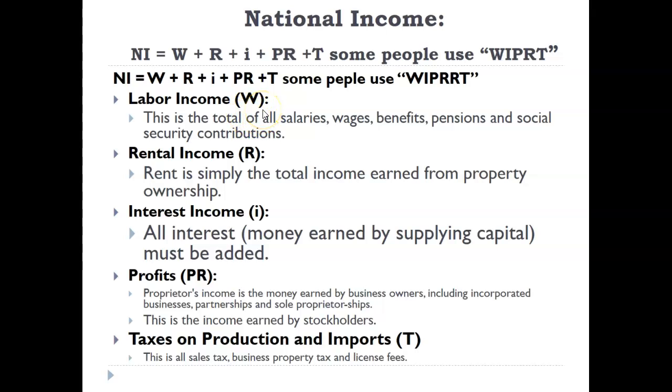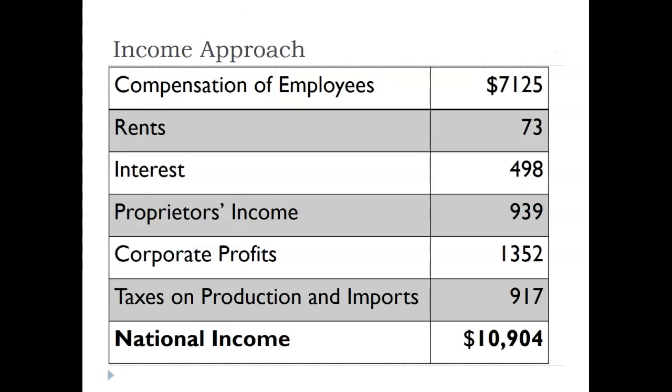And just like double counting, we don't want to count the same good or service twice, we don't want to count the same income twice also. Since that money has already been included in the pre-tax wages, we're not going to count it a second time underneath the government. So yes, personal income taxes are accounted for already. Okay, so again, we've got to keep that in mind. So this is how it looks.